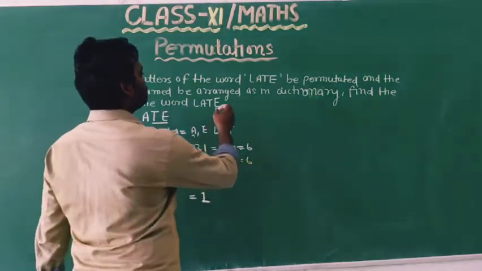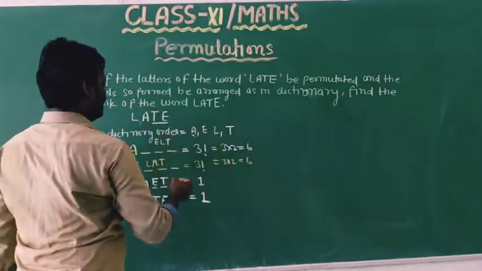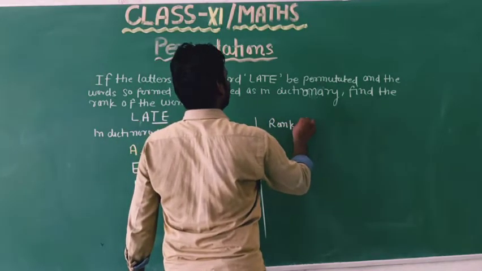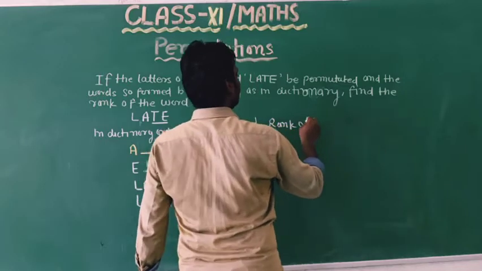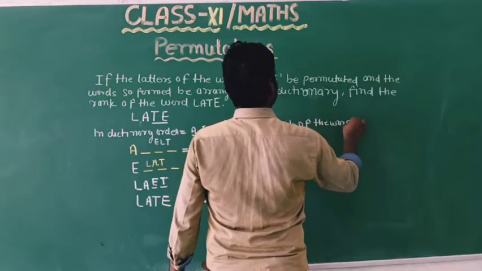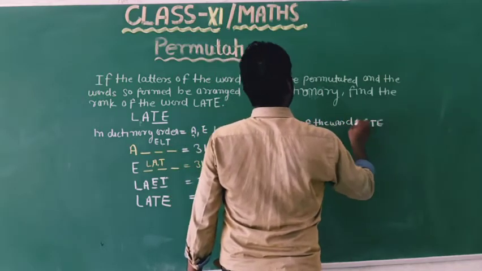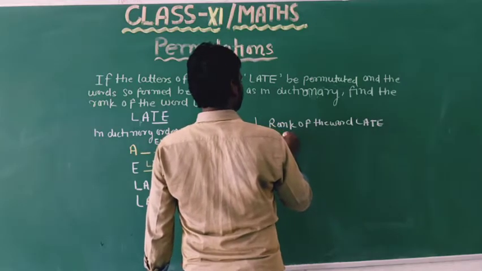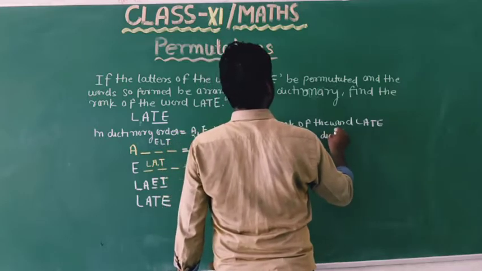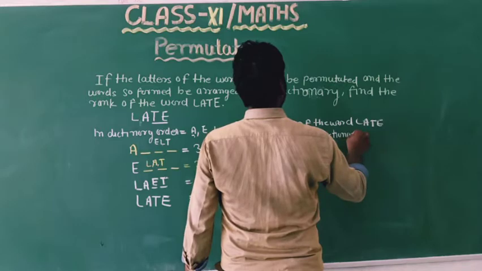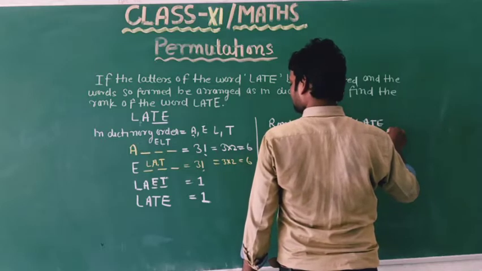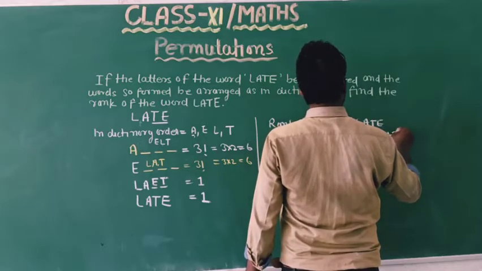Therefore the rank of the word LET is 6 plus 6 plus 1 plus 1.